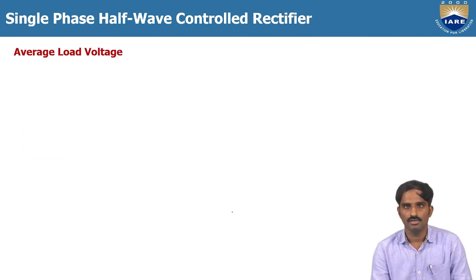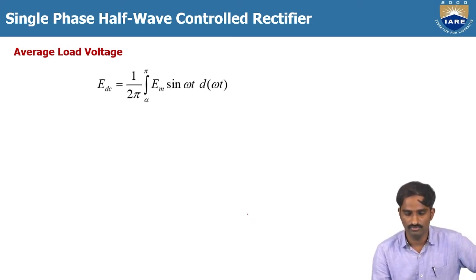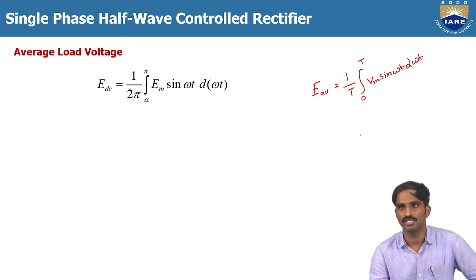So as we know how to find the average value of a sine wave, I am writing the general formula here: let me consider E average, which is equal to 1 by T integral 0 to T of Vm sin omega t d omega t. This is the general equation to find the average value of a sine wave.